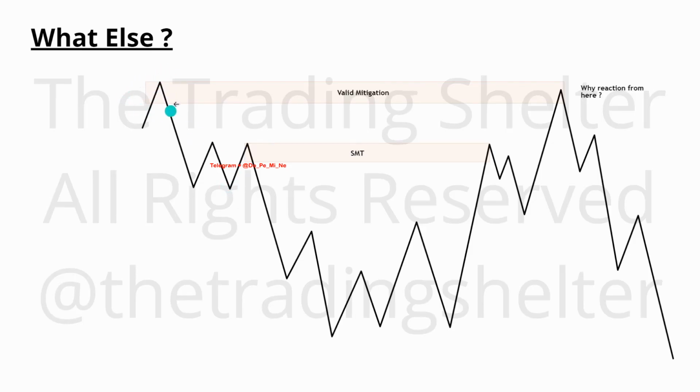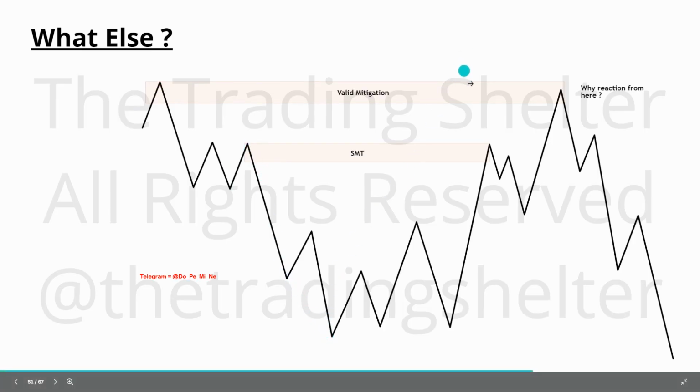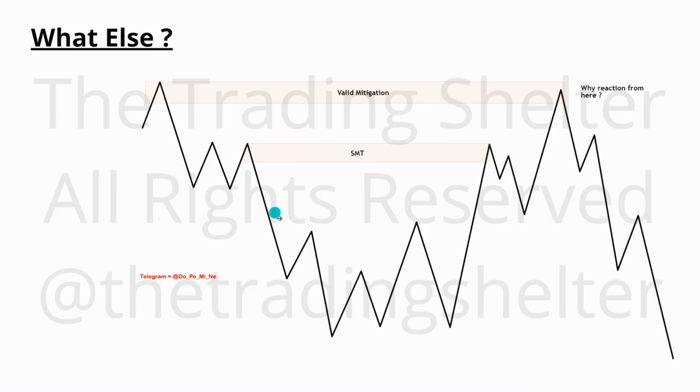The extreme is the extreme POI, and this is the decisional because it led to the new low. So we have that POI here leading to the new low. We have that smart money trap reaction. Then we have our inducement into that value mitigation to then liquidate all the entries.